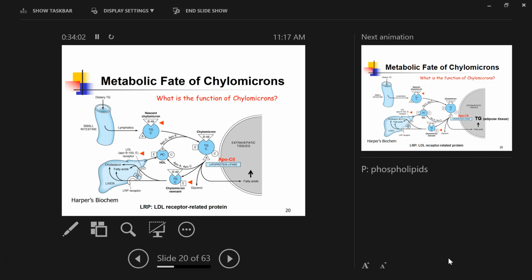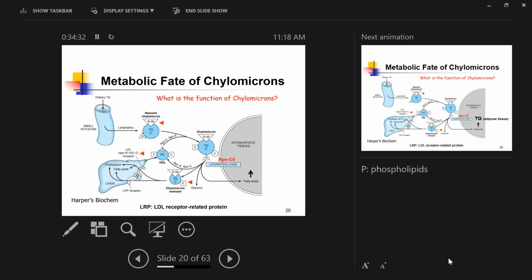The majority of triglyceride has already been released by LPL working together with ApoC2. And some of the apoproteins, ApoA and ApoC, are also released and go back to recycle, back to the HDL.